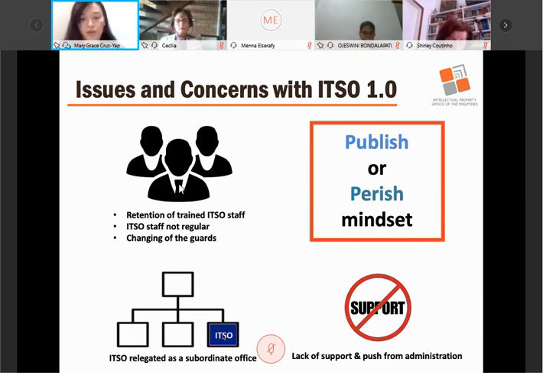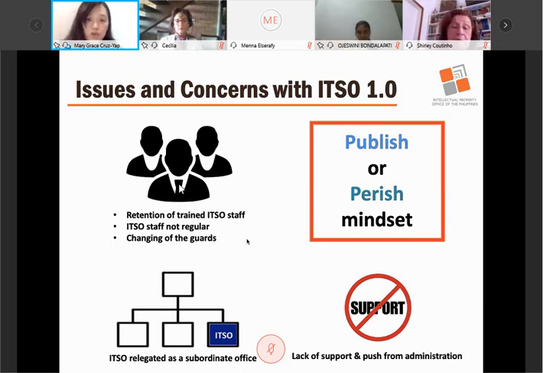So we needed to do something about it so that the top management will know about the ITSO and will push for its promotion and for the services for the community. Retention of trained ITSO staff is also a problem because the ITSO staff are not regular.